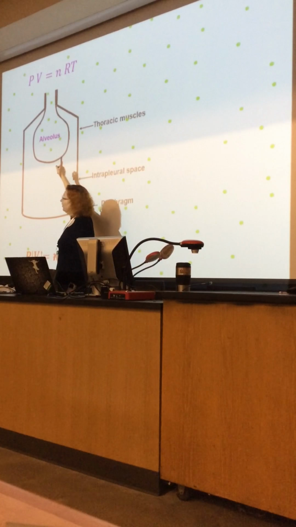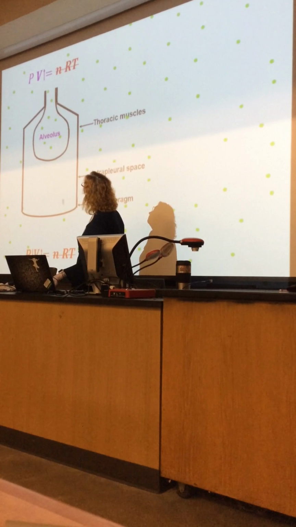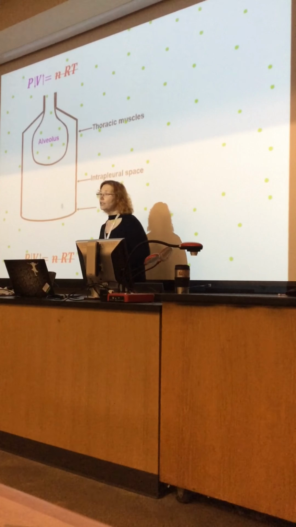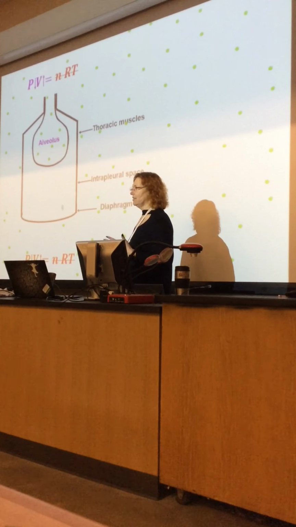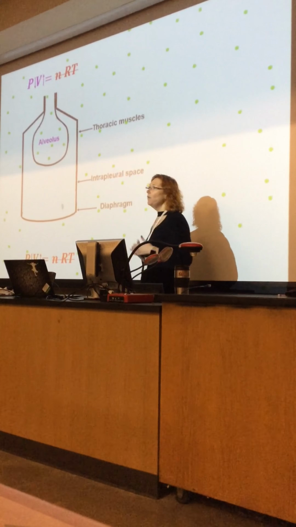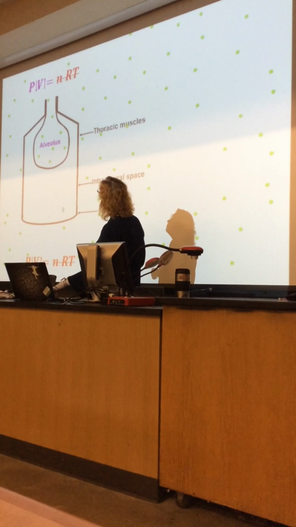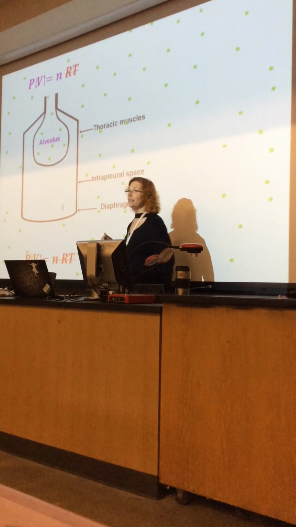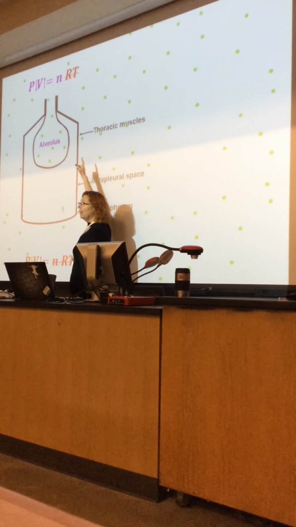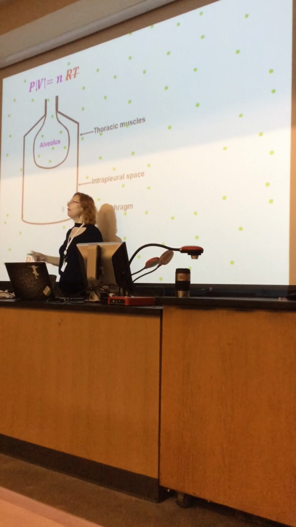My volume here increases, so my molecules spread out. And when my molecules spread out, the pressure decreases, right? When that pressure decreases, it's now less relative to atmosphere, which means air moves in. Because this is an open system, N, the number of moles of air, now comes into play.